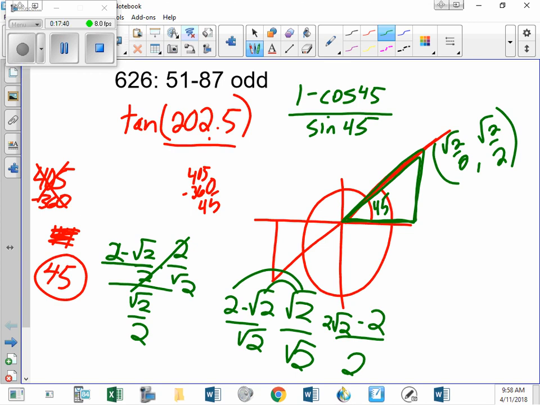Okay, is everybody okay with that step? And now, 2 root 2 minus 2 over 2, which turns into root 2 minus 1.